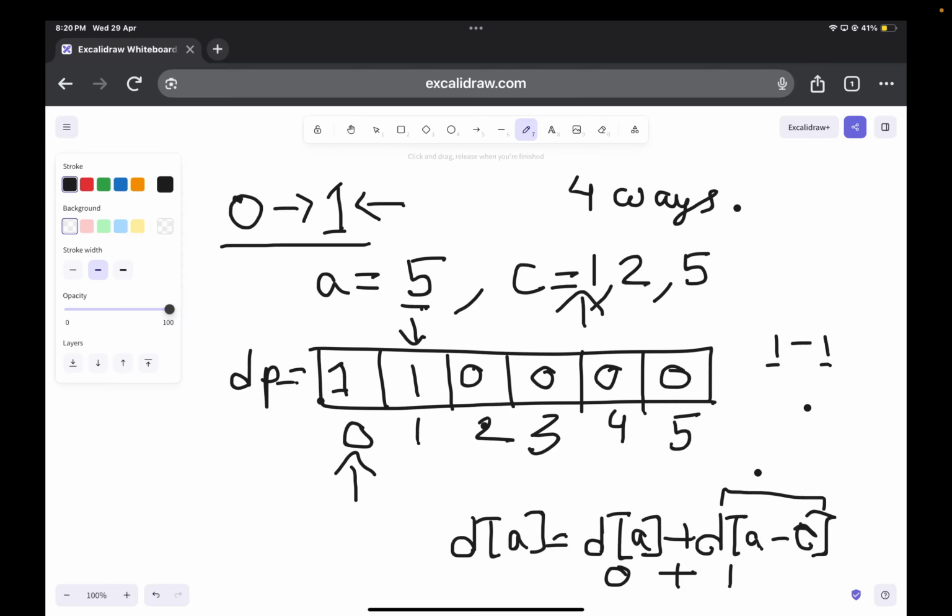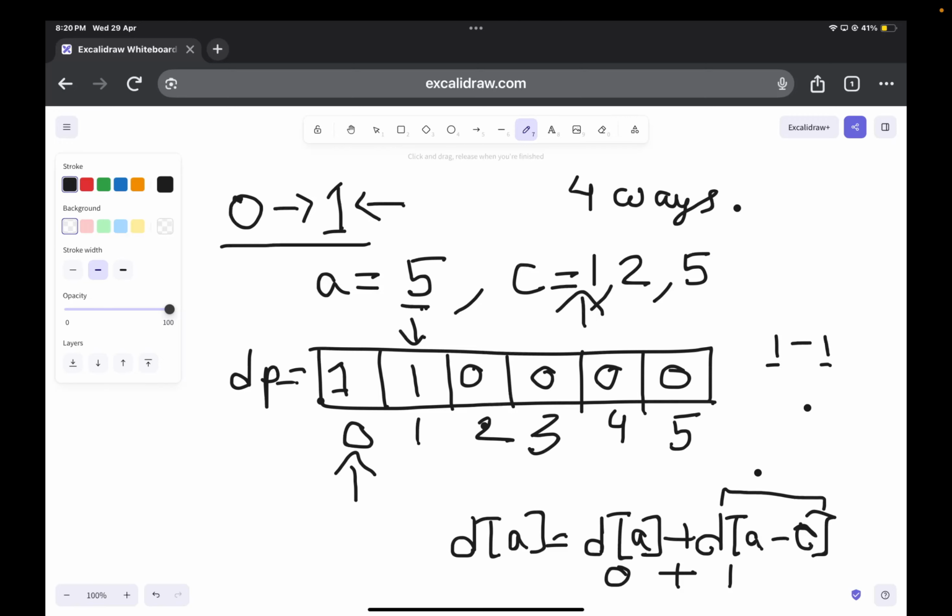So in order to pay that 0, how many ways are required? I went in the past and saw that for 0, I required one way. And dp of 1 was previously 0, so 0 plus 1 is 1. Am I clear, everyone?